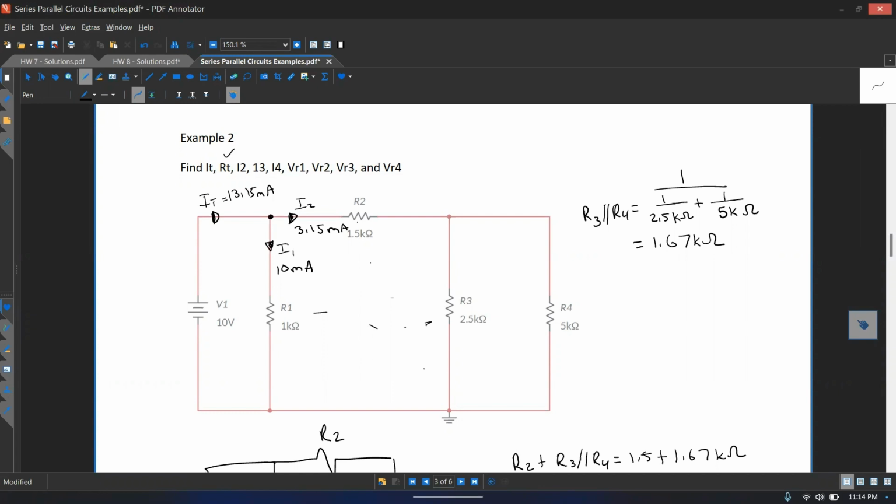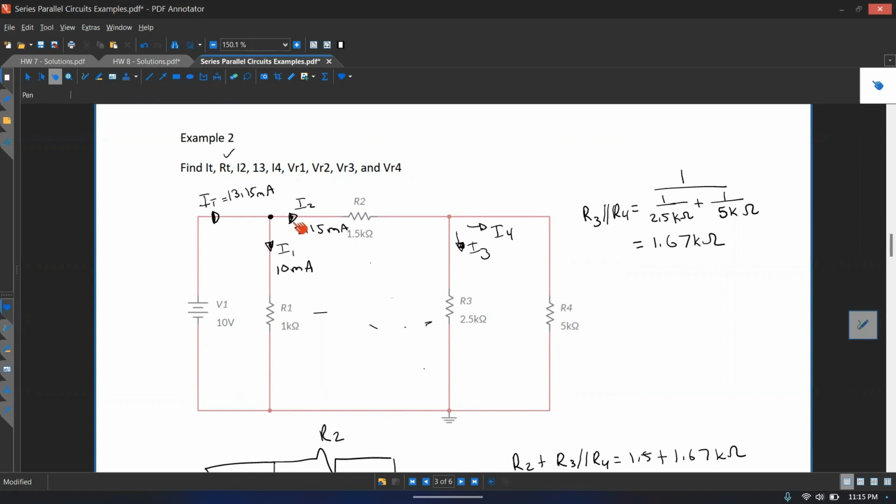All right, so now that we know the current flowing in this direction, how can we find out the current that's going through our R3 and R4? Well, we can do a current divider.